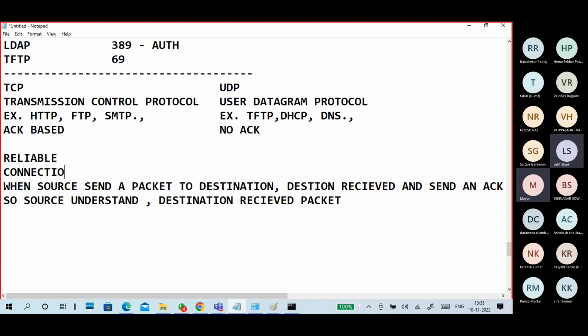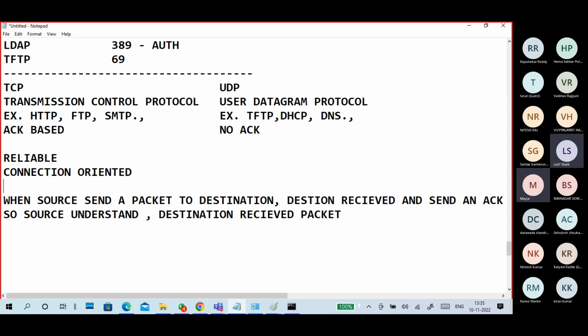Connection oriented. Again, guys, connection oriented does not mean wired or wireless kind of stuff. Connection oriented means there is two-way communication between source and destination.